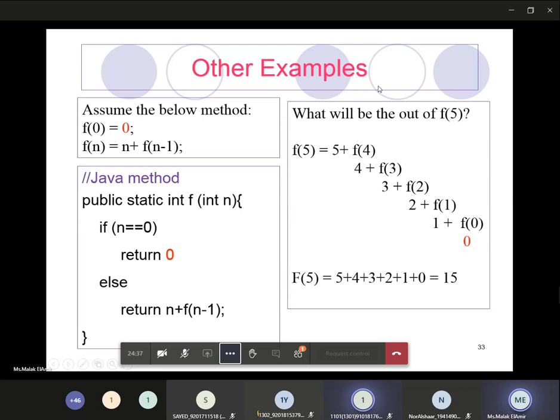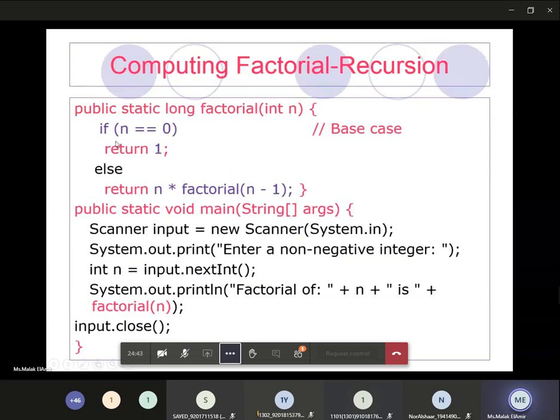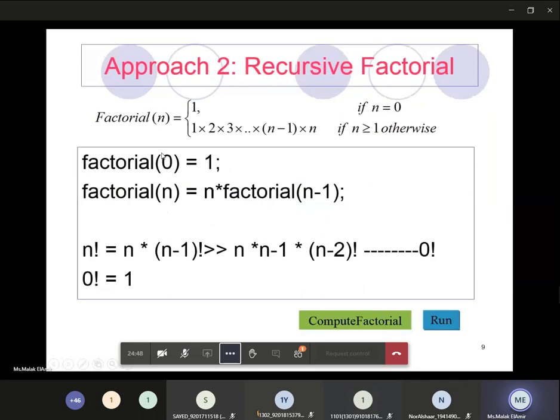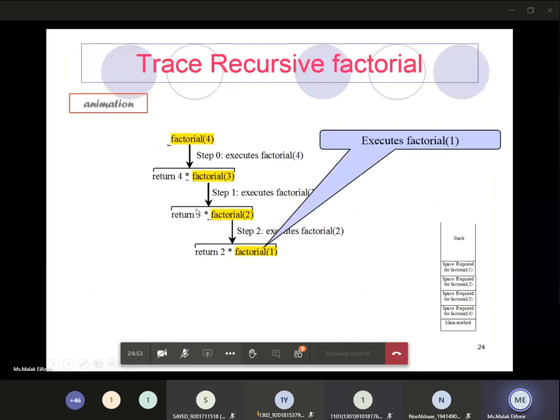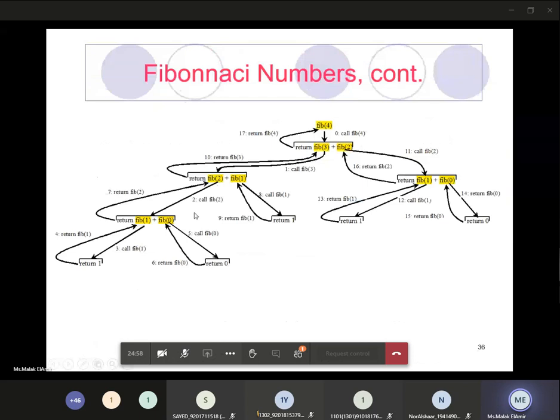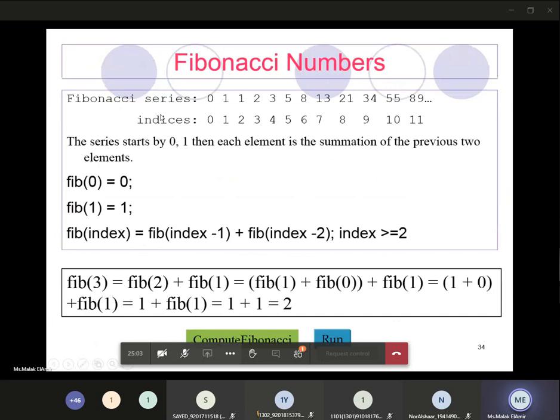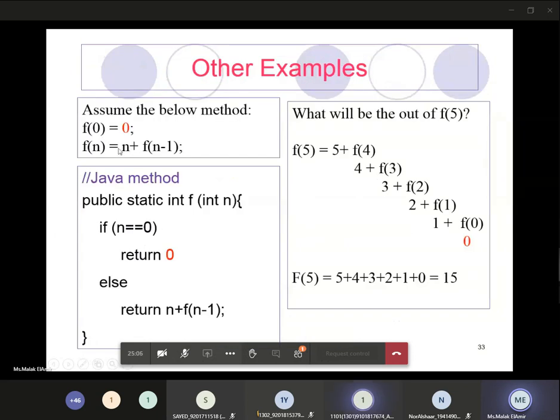Look here: in the factorial, if n is equal to 0, return 1, right? But in my example, if n is equal to 0, return 0. And the operator here is what? Summation, addition. Yes, addition. Okay, thank you. Most welcome.